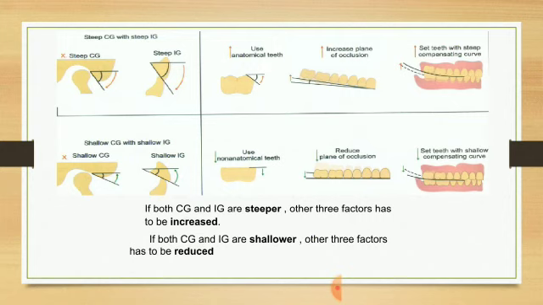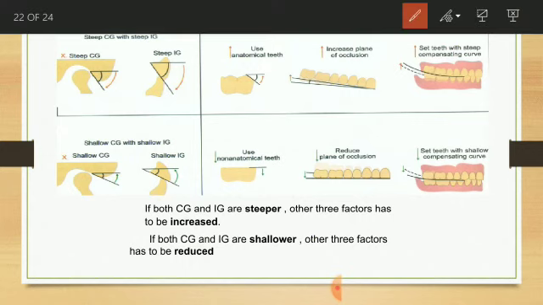Next, the third case is if there is steep condylar guidance with steep incisal guidance. In many cases, if the condylar guidance is steeper, because of aesthetics or functional point of view, we cannot decrease the incisal guidance to some extent. So in that case, if we need to keep steep incisal guidance, then we need to increase all 3 other factors.